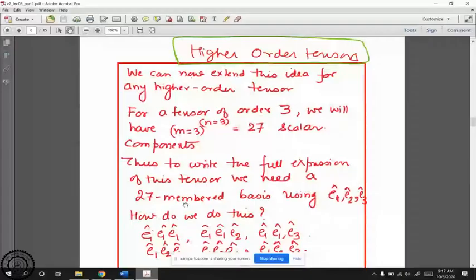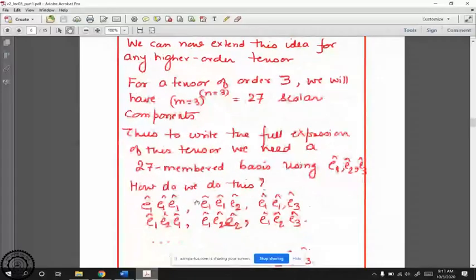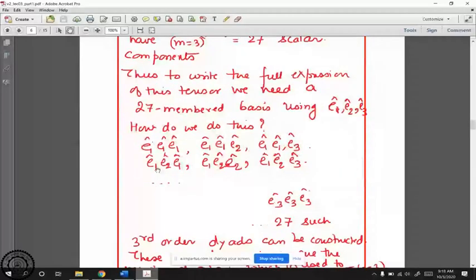And how do we do this? Now, having seen what we did for the second order tensor, you can easily extrapolate that idea and suggest that these are the 27 members which will form the basis for the third order tensor. So now you have not two unit vectors standing next to each other. Now you have made combinations with 3 unit vectors.